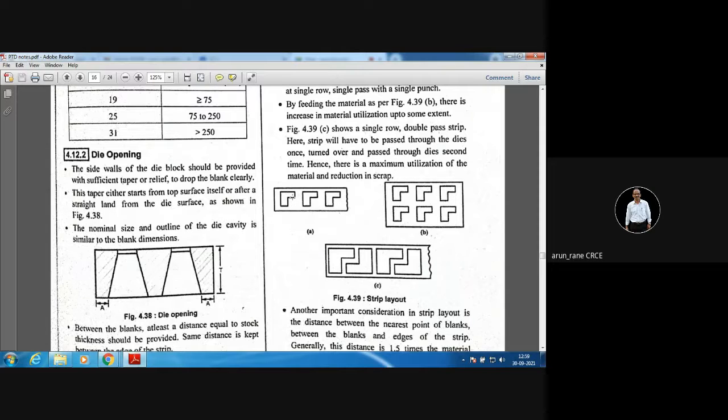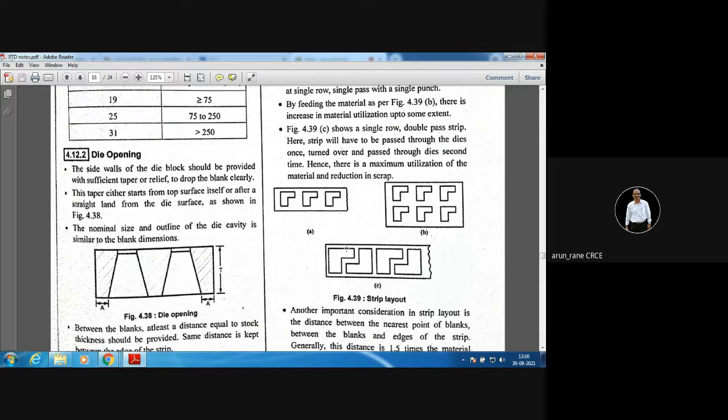Now suppose the area of one component is, say this is 50 and this is 18, so you can find out the area of one component, that is nothing but 18 into 50. If you want to find out the area of this, then you have to divide this into two rectangles and find out the area. So you get the area of one component multiplied by number of components 40 divided by the area of the uncut strip.